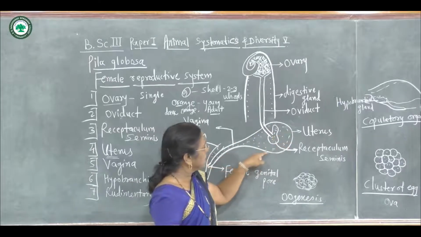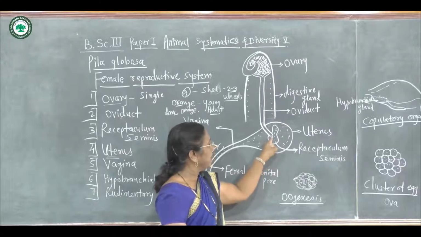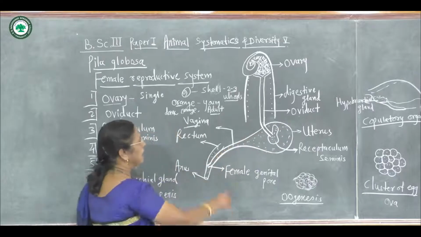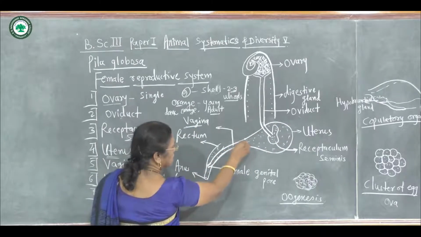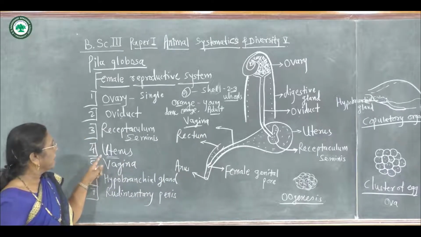The uterus receives the receptaculum seminis at its inner end, and it then leads into a tubular structure called the vagina.